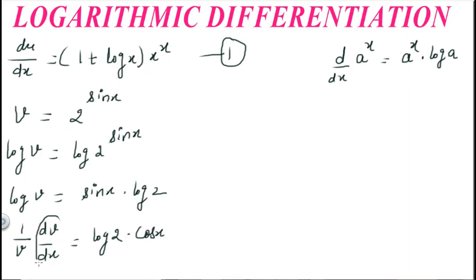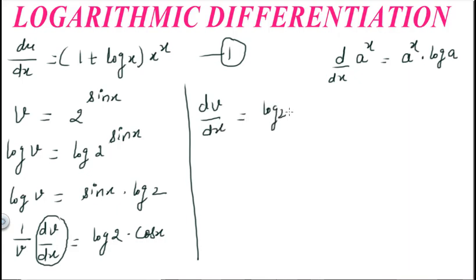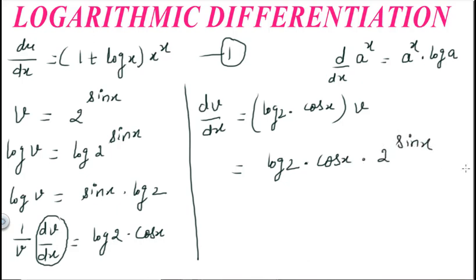Clear? Now we just want the answer of dv by dx. So both the sides I'll multiply with v. So dv by dx will come out to be log 2 into cos of x. What will be the value for v here? V is 2 to the power sine x. So we have log 2 into cos x into 2 to the power sine x.